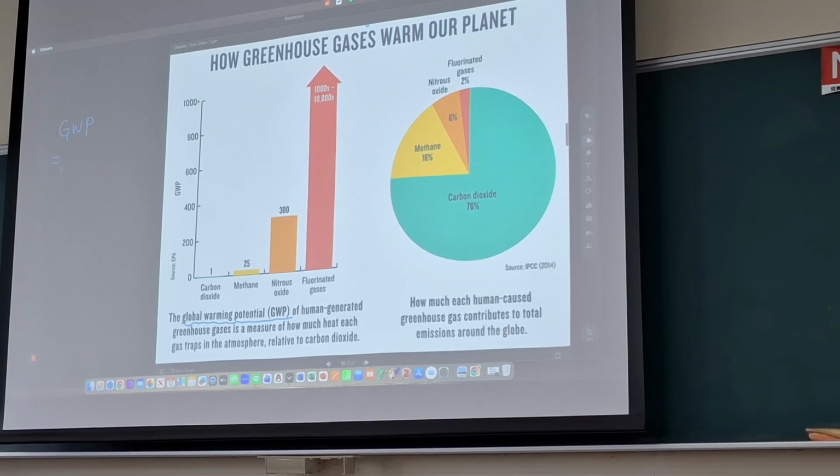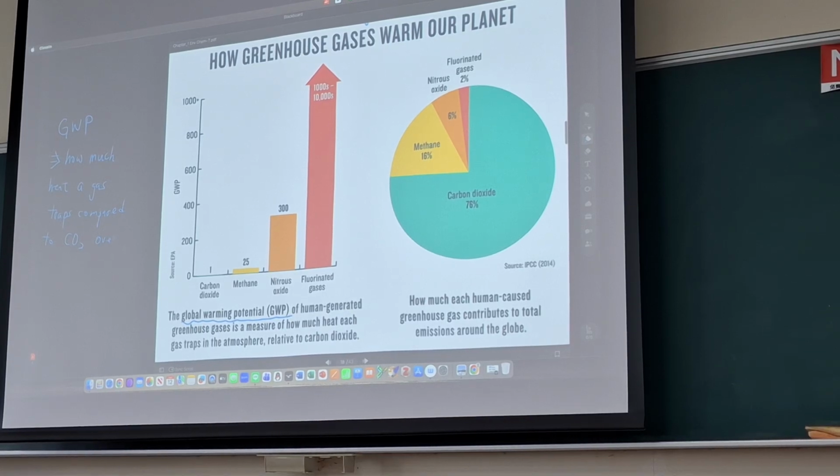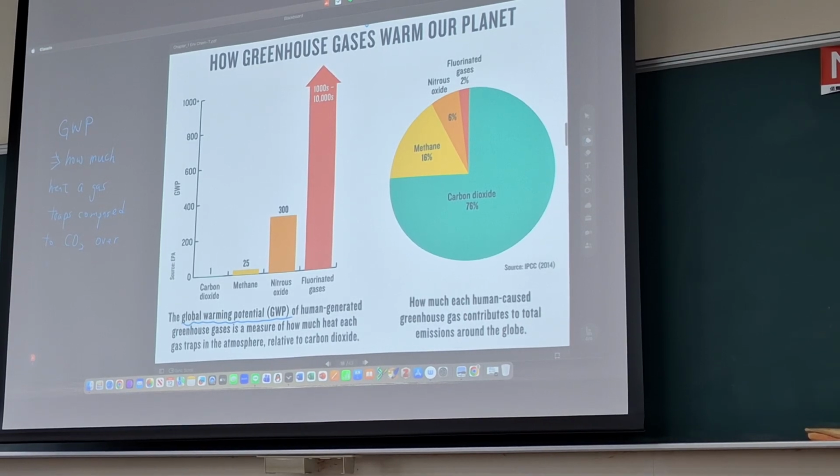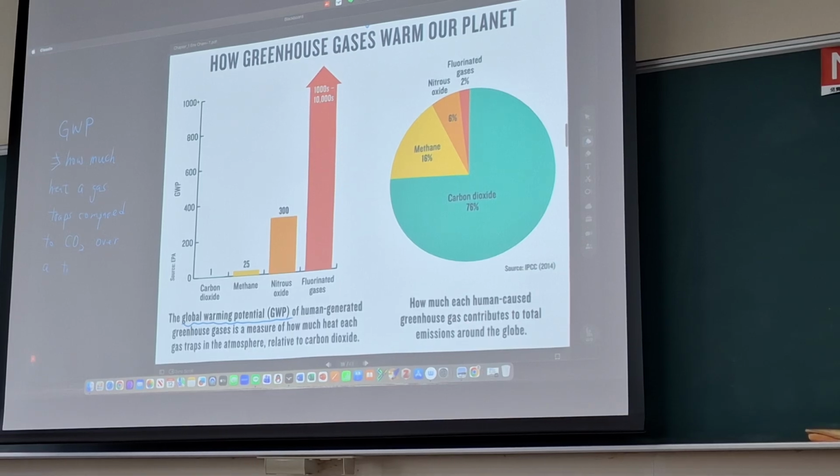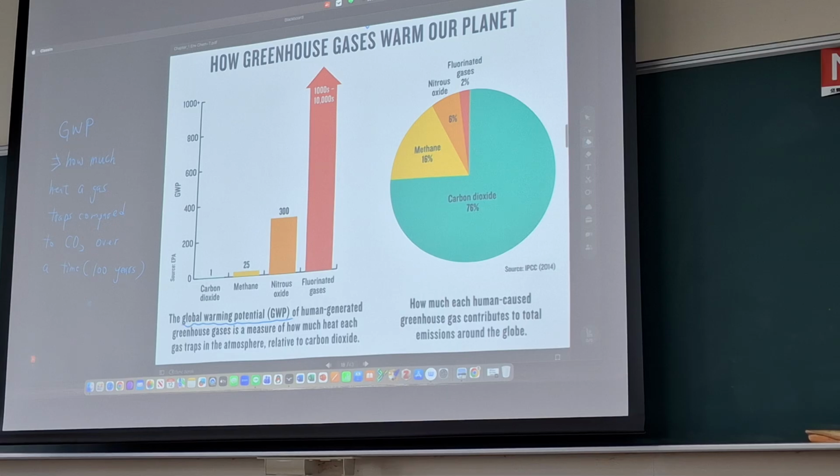Global warming potential is used to measure how much heat a gas traps compared to carbon dioxide over time, typically 100 years.